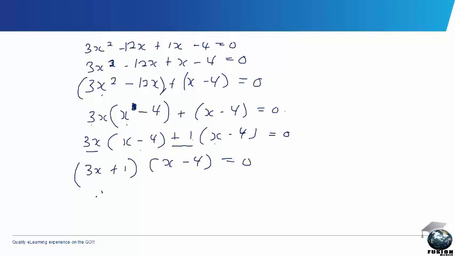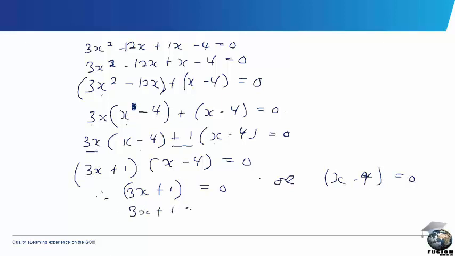And so therefore we can say that 3x plus 1 is equal to 0, or that x minus 4 is equal to 0. From this point we have that 3x plus 1 equal to 0, so that 3x will be equal to minus 1, and so that x itself will be equal to minus 1 over 3.